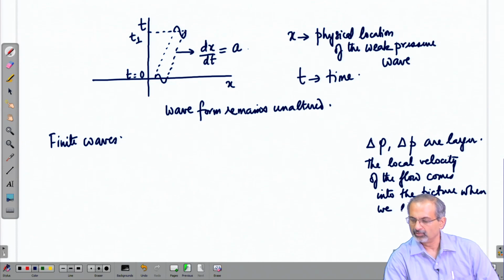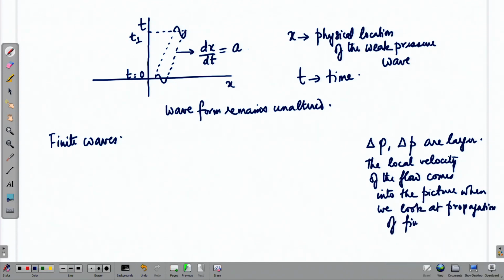When we look at propagation of finite waves, what do we mean by that? We were talking about looking at the wave propagation in the x t plane.